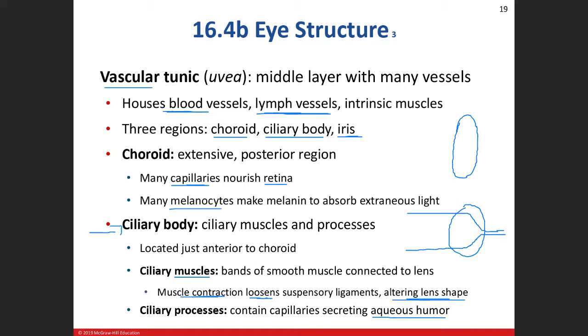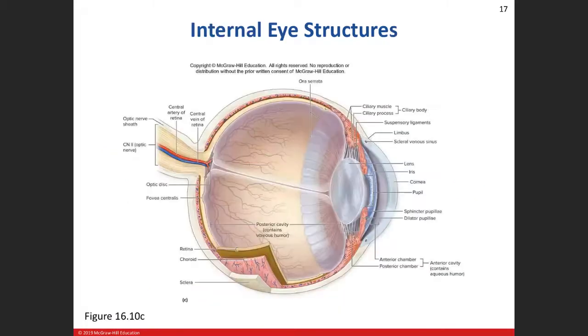Posterior cavity is this area here, and it's filled with the vitreous humor, that gelatin-like substance. The anterior cavity is all up here, and that's filled with the aqueous humor, which is more like the liquidy type of secretion.